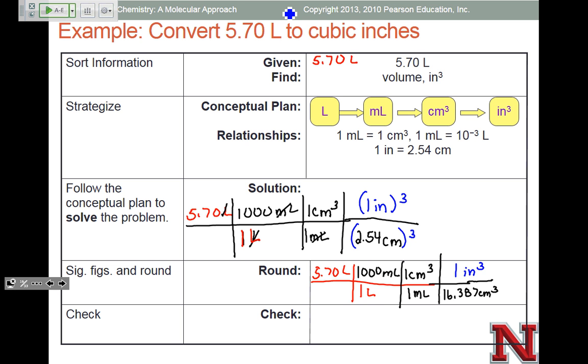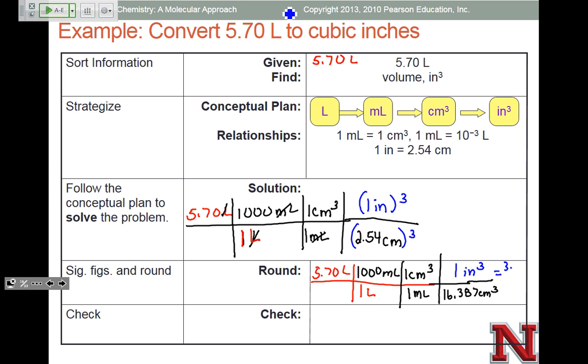And again, if we were working with centimeters squared, we'd square the entire relationship, so depending on what you're doing. So when we do put this in our calculator, everything at the top is multiplied, everything at the bottom is divided.